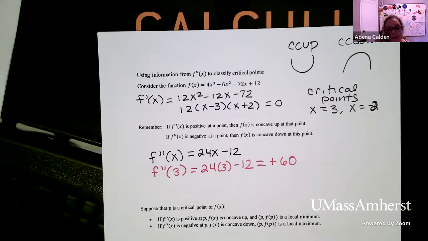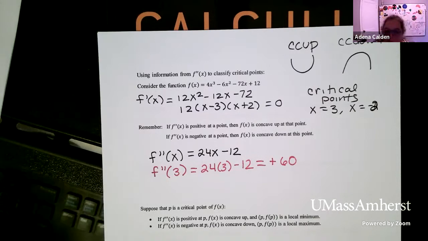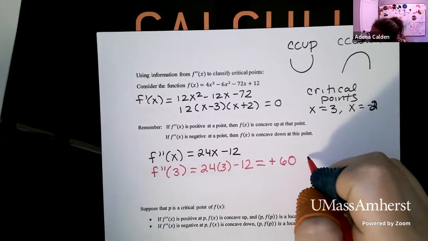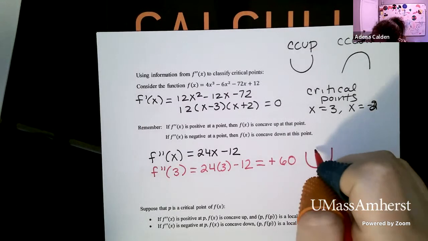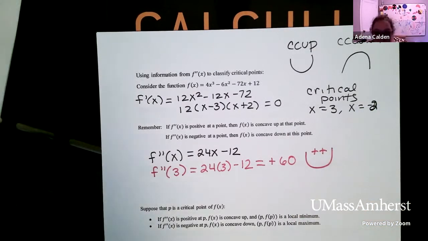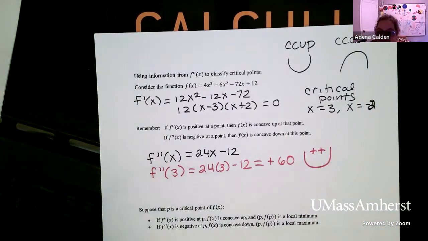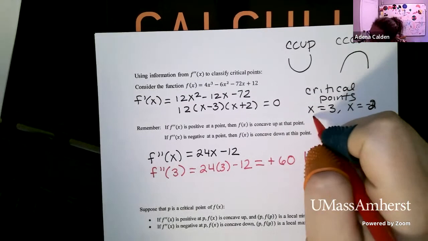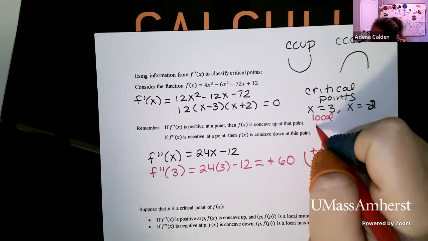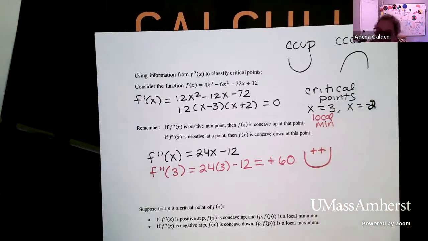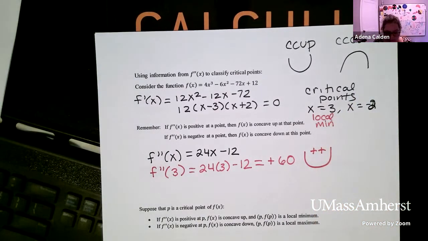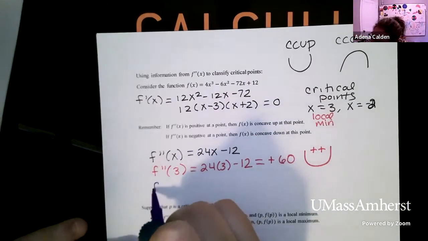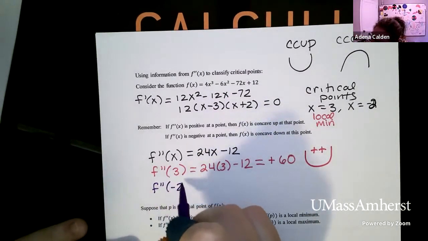Remember, if the second derivative is positive, the original function is concave up. If it's concave up, that tells me that my critical point is a local minimum. Okay, I can also do this with my other critical point. So I go ahead and I plug in a -2.